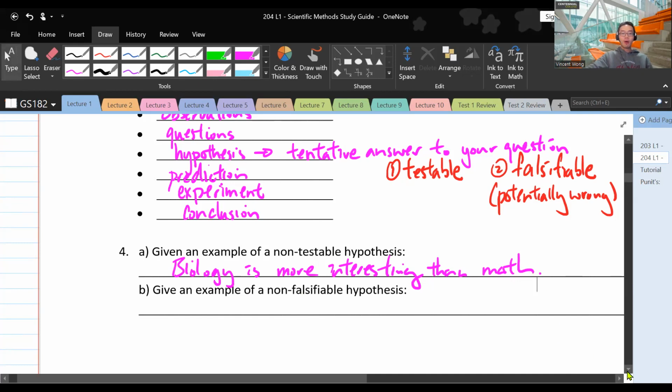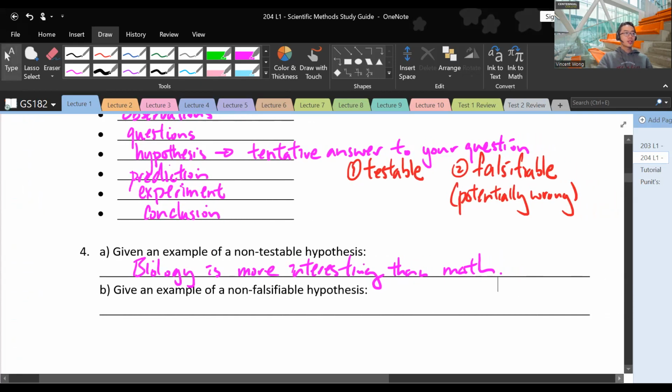An example of a non-falsifiable hypothesis. Anybody? Yeah, let me try. Sure, please. Chocolate is always better than vanilla. Okay. That is also a non-testable one because again, it's similar to this situation, right?